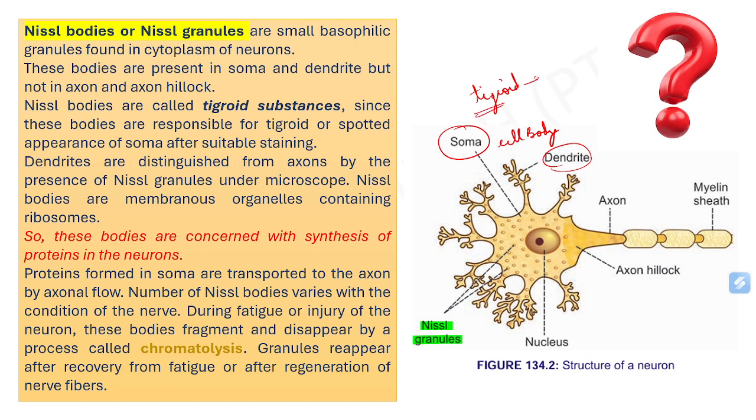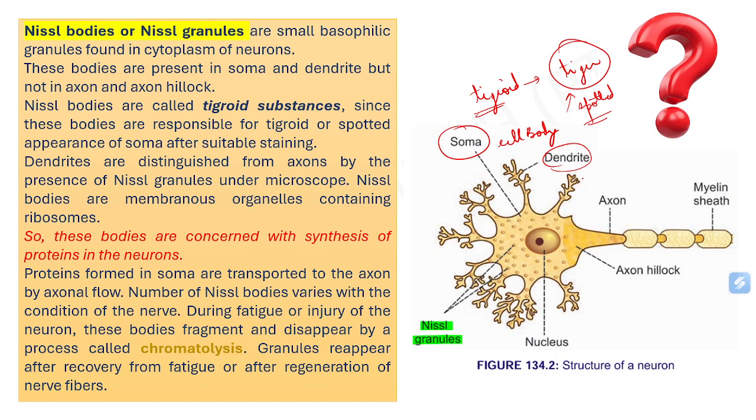Tigroid, taking origin from the word tiger. Why? Because these granules help your neuron to look like the skin of a tiger. As you can see in the picture also, they give the neuron a spotted appearance, like the skin of a tiger. And whenever staining is done, this particular neuron appears spotted because of the tigroid bodies.